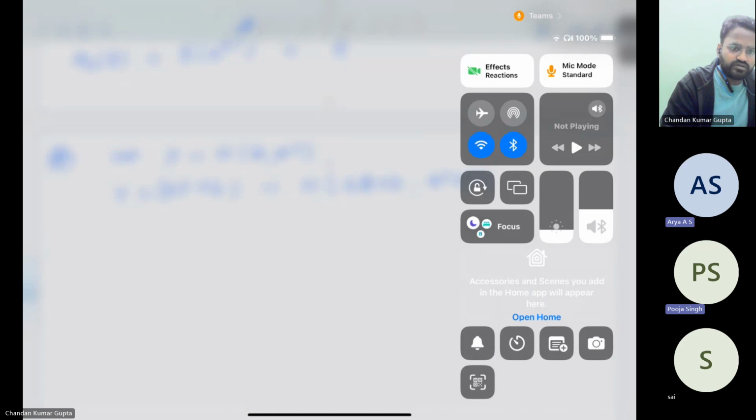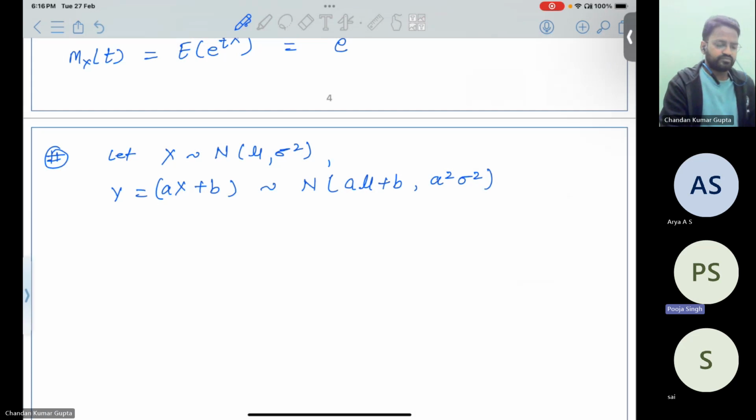Yes, sir, we have discussed the linearity property of the normal distribution. My screen is in dynamic mode, right? Or is my screen frozen, because I'm not able to see my screen actually. No problem, sir, it is visible. Okay.